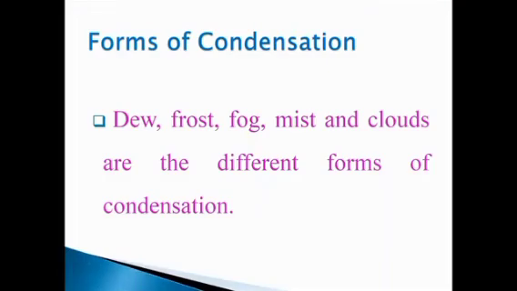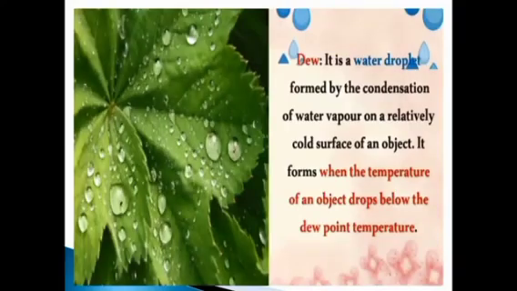Next, we are going to learn about forms of condensation. Dew, frost, fog, mist and clouds are the different forms of condensation. First, we are going to learn about dew. Morning dew, everyone would have noticed when you wake up in the morning.